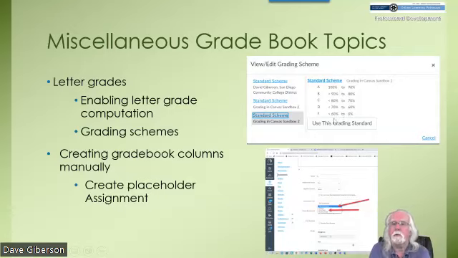This is especially useful if you're using Canvas as a supplement in a face-to-face course, and you've got all these assignments and assessments that your students are submitting to you on paper or in some other way, and you're generating grades, but not through Canvas. You can create a column for those grades in Canvas and record them in Canvas, so you can keep track of them that way. You can use the Canvas gradebook to compute your final grades if you like.